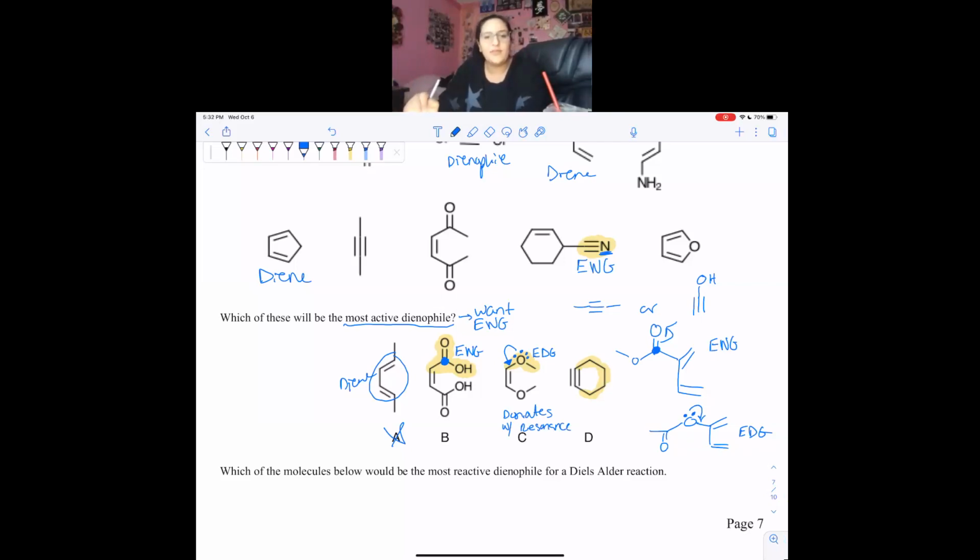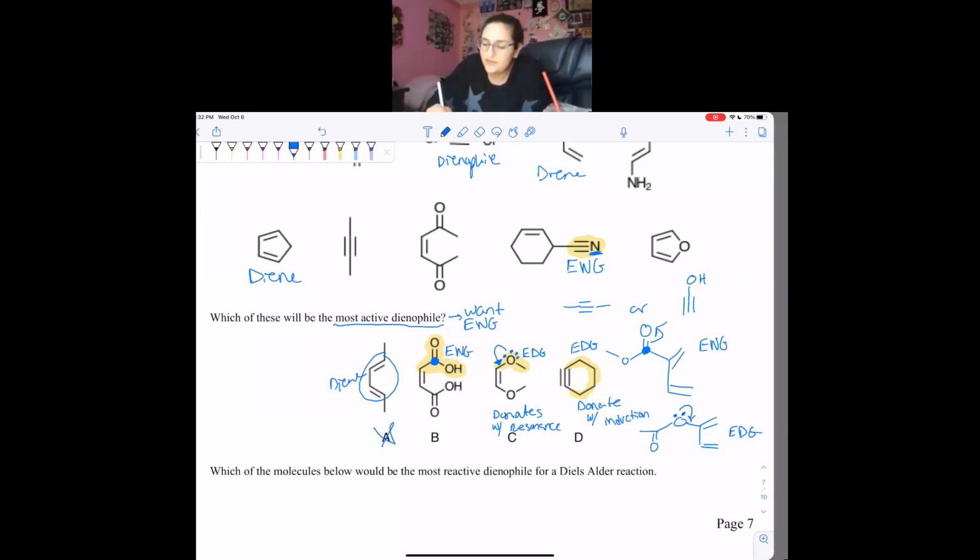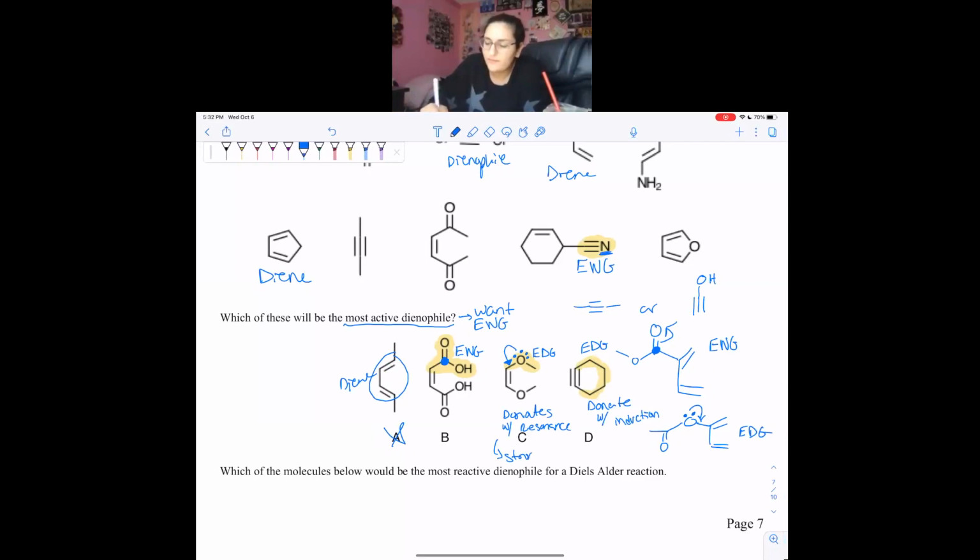The only reason I point that out is because this is also an electron donating group. These groups are donating groups, but they donate with inductive effects. I'm going to say donate with induction. So this is a strong donator. This is a weak donator.